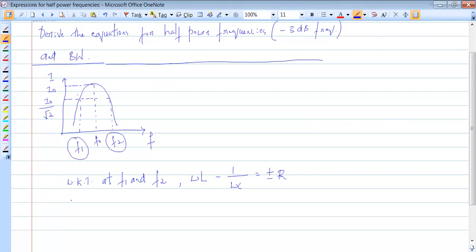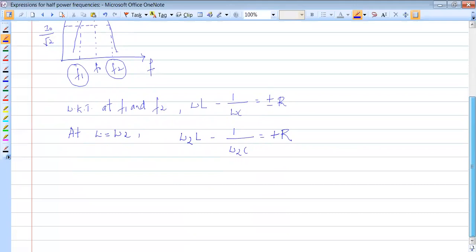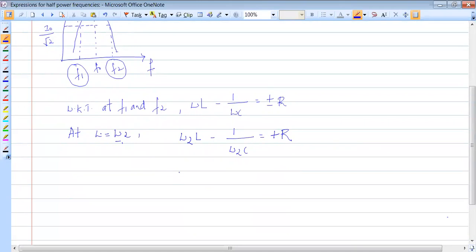Okay. Now, at omega equal to omega 2, how can I write this equation? I can write this equation as omega 2 L minus 1 by omega 2 C equal to plus R. Now, can you get a quadratic equation from this particular equation?